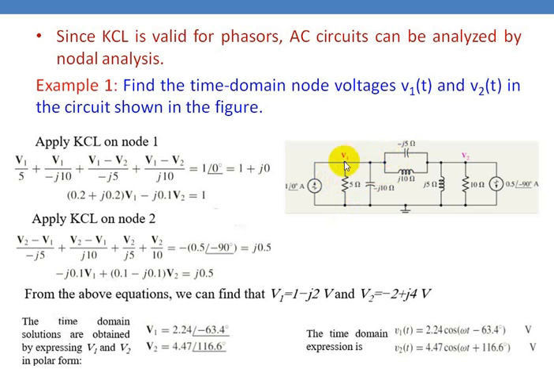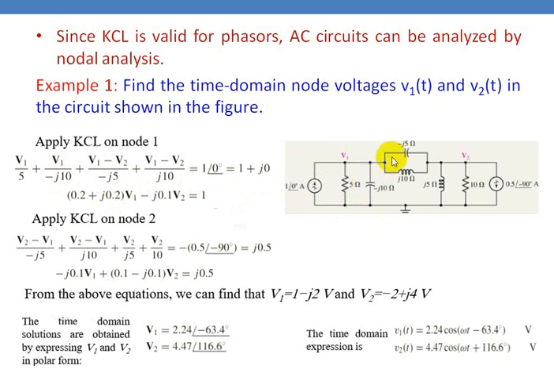Therefore these are all outgoing currents, so 1, 2, 3 and 4, and you can equate this current to 1 at an angle 0 degree. So therefore we can write this equation like this in terms of node voltages. Current through this is V1 minus 0 divided by 5, that is V1 divided by 5, and in this it is V1 minus 0 divided by minus J10, just you can write it as V1 by minus J2.